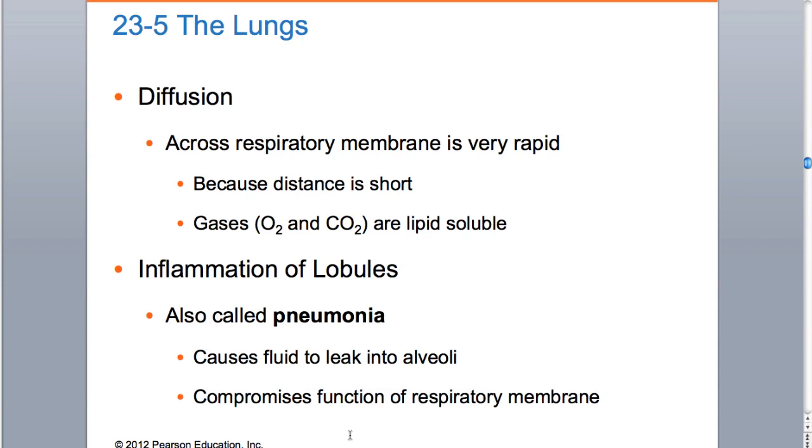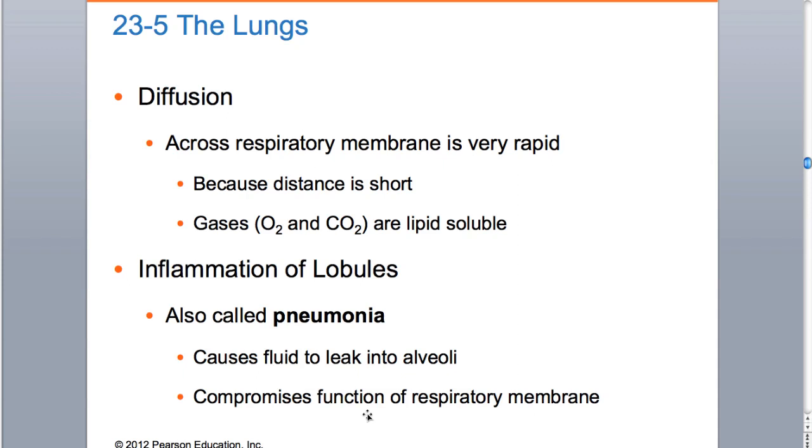Now let's go to the bottom half of the slide. I actually had pneumonia long ago when the Dallas Cowboys and the Houston Oilers played in Dallas for the playoffs or whatever it was many, many years ago. When I had pneumonia, I had trouble breathing. Why? Because the distance between the blood vessel and the alveoli increased because of fluid filling.